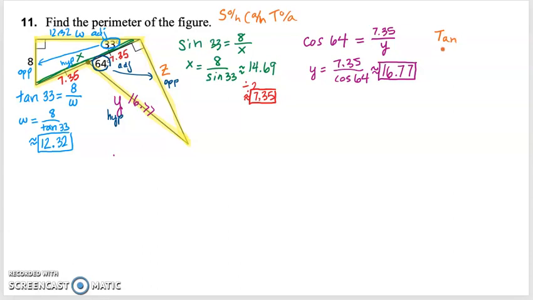So then we know that the tangent of 64 is going to be equal to opposite side Z divided by adjacent side 7.35. So that means Z, I need to multiply by 7.35. So that's going to be 7.35 times tangent 64. And then I put that in my calculator. And it gives me 15.069, so about 15.07.